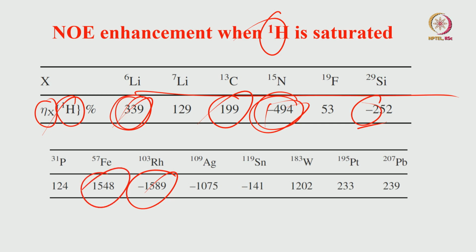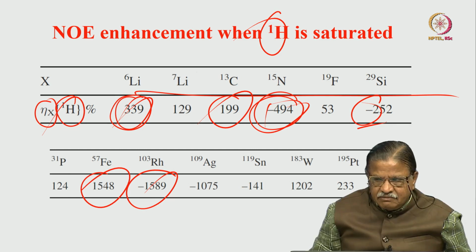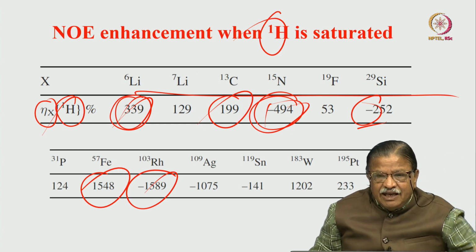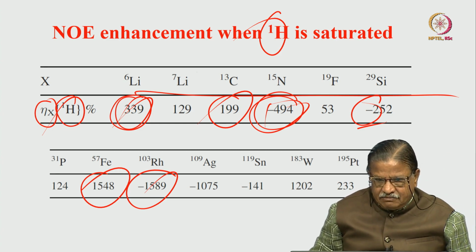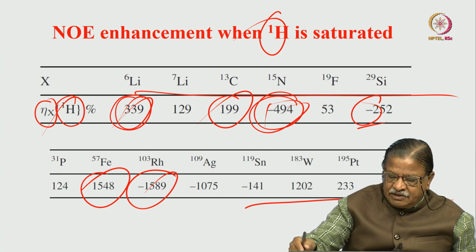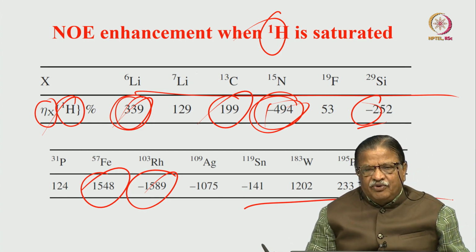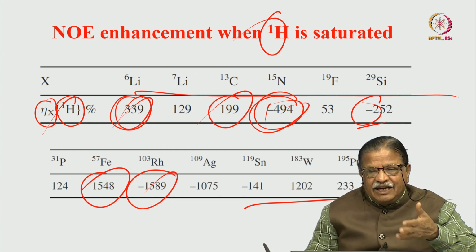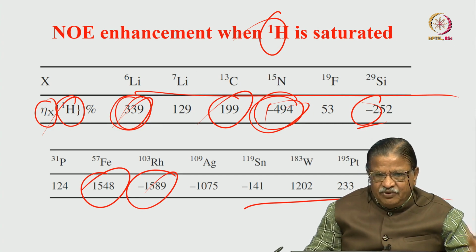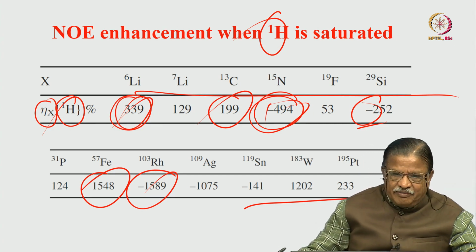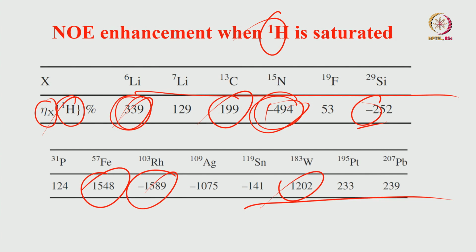This is also iron. So it depends upon the nuclei in which you are seeing the enhancement. I am talking about heteronuclei. I am irradiating proton and I want to see the enhancement in the other nuclei, heteronuclei, in which case there is a significant advantage if you do NOE. Gain in the signal intensity is enormous. You will see that. NOE gives a lot of information here.